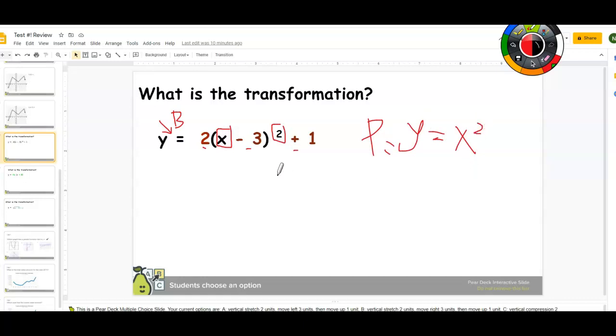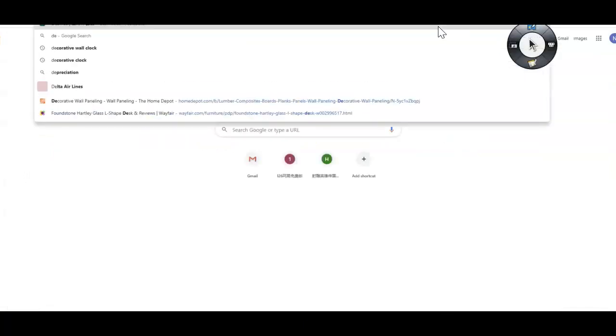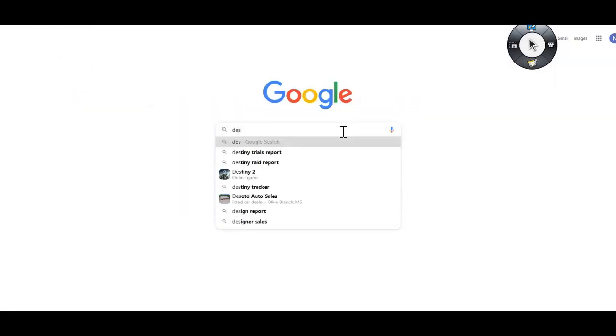So now you have two equations, the baby equation and the parent equation. Put both of them in the Desmos graphing calculator and look for the change on the graph. So now let's go to Desmos. So I'm gonna look for it. So I put in searching for Desmos.